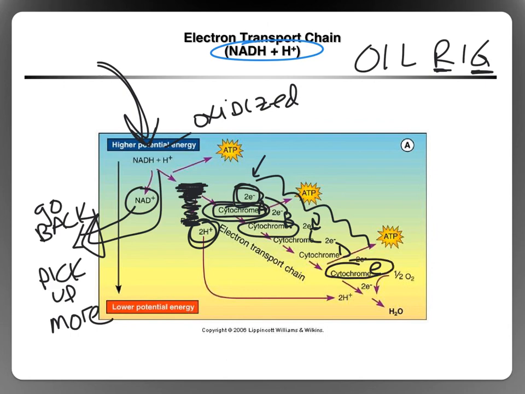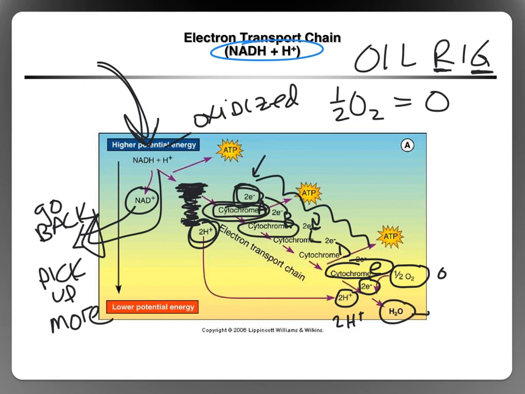And in the very last step of the electron transport chain, we have half of an oxygen molecule. So remember, oxygen is O2, so half of an O2 is an O. So we have half of an oxygen that comes in. It accepts the electrons. The hydrogens come back. So we have an O, 2 hydrogens, 2 electrons, and we end up with H2O, water.